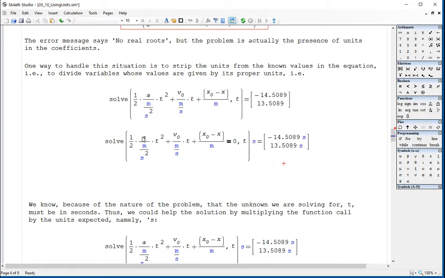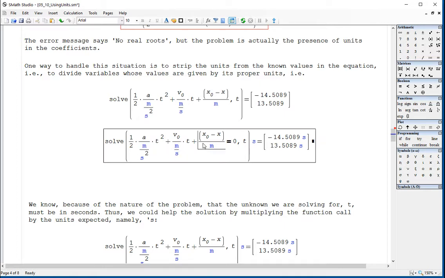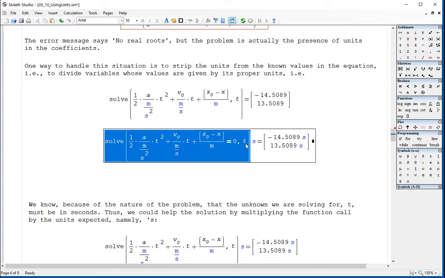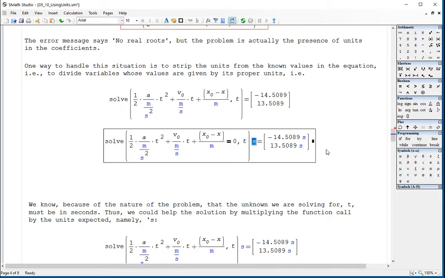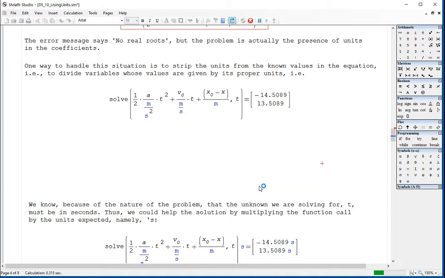So divide all known values by their known units. Let it solve algebraically for the unknown, and then the solve function call is multiplied by the units that you expect in your result. Now this is done down here. I'm going to eliminate that.